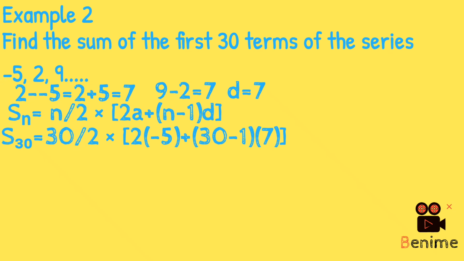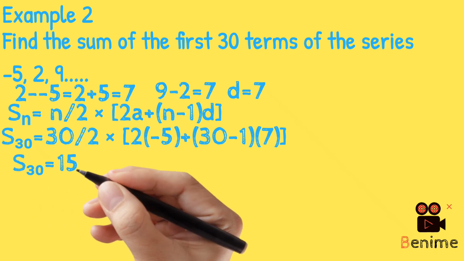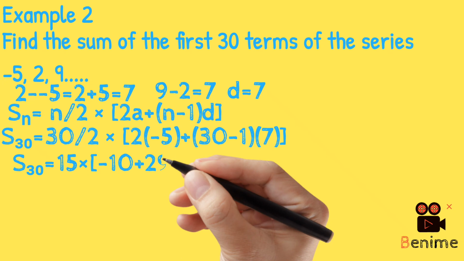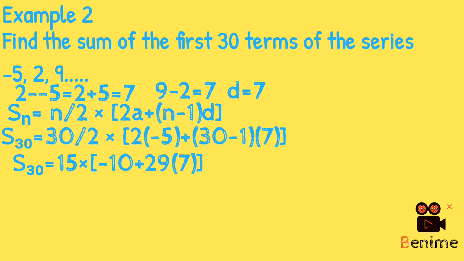It's 30 minus 1 because n is 30, close bracket 7 because d is 7. So outside, 30 divided by 2 is 15. So S30 is equal to 15 open bracket, the 2 and minus 5 together. When you multiply you get minus 10. So S30 is equal to 15 open bracket minus 10 plus 29 open bracket 7. I got 29 because when you do 30 minus 1 you get 29.